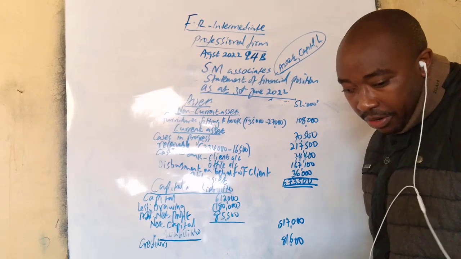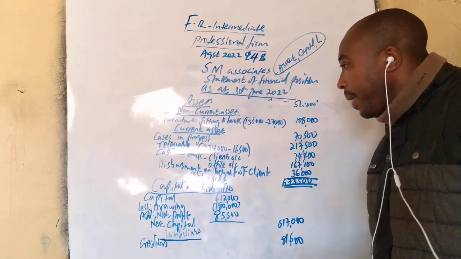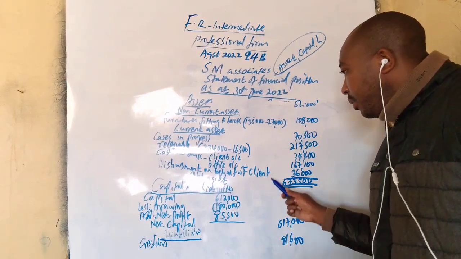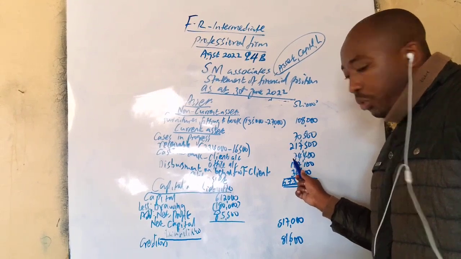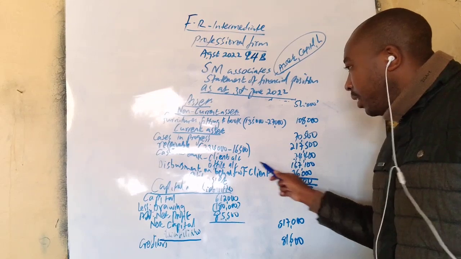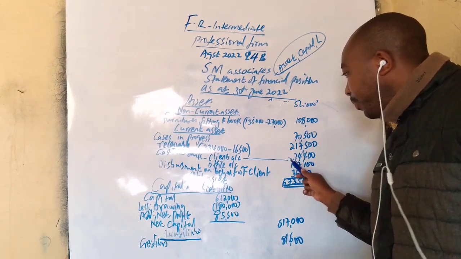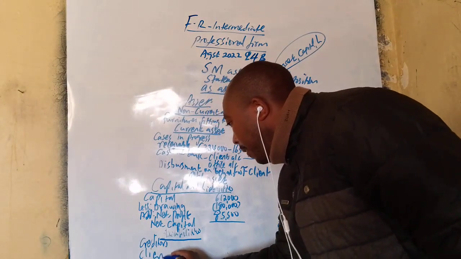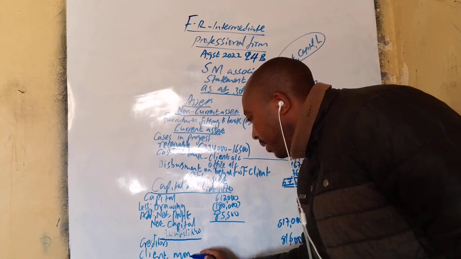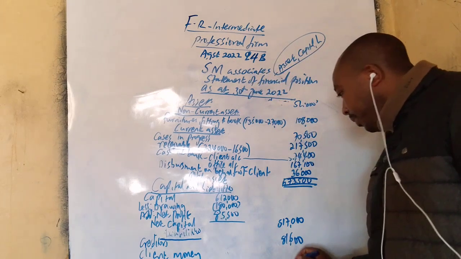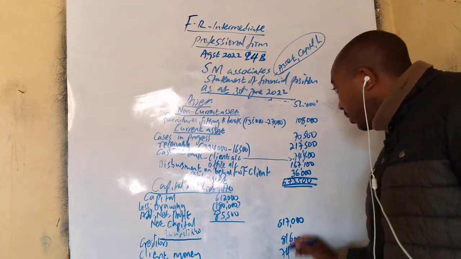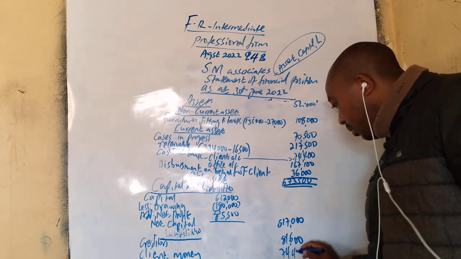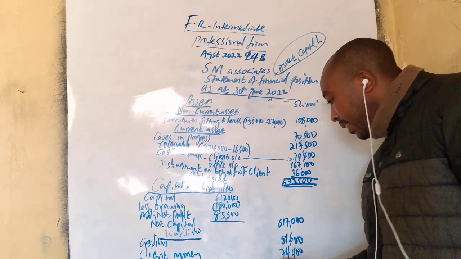We have something called client money. This is the account we are holding on behalf of the clients. We are supposed to record it in here, client money, and this money is also provided in the trial balance, then nothing else.